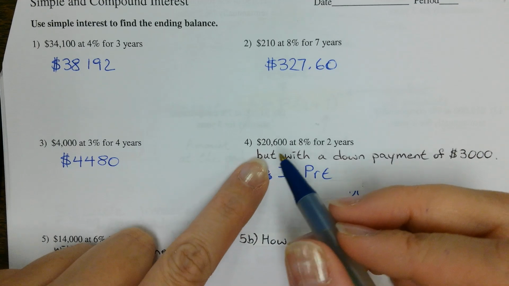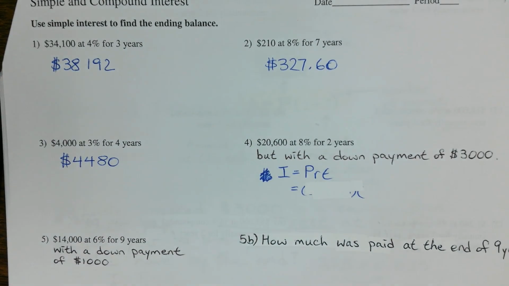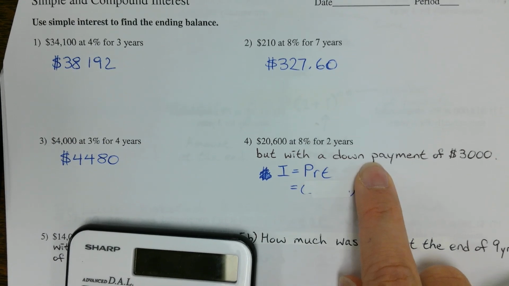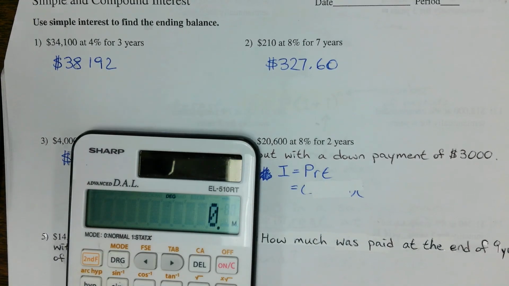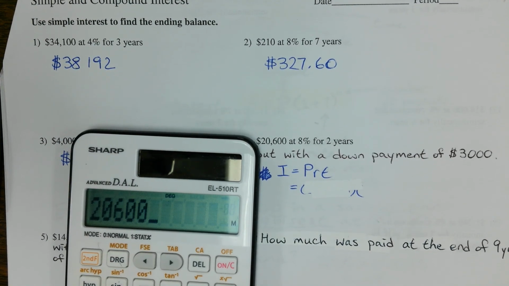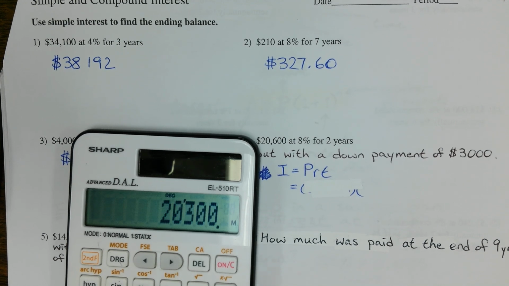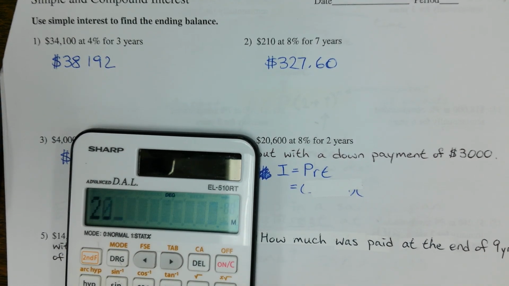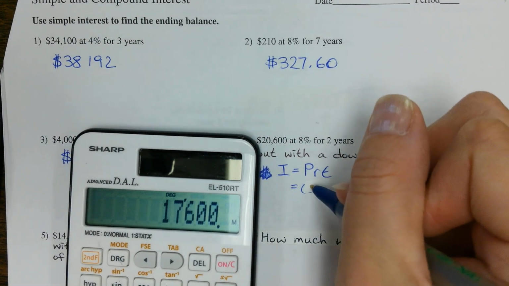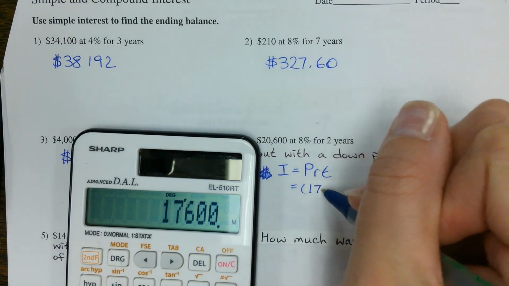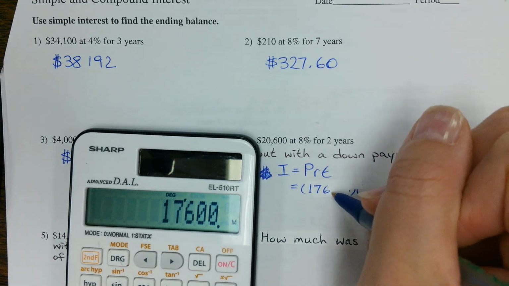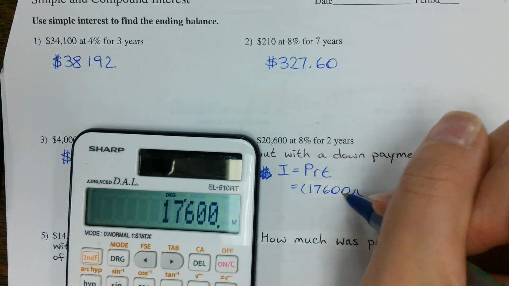Okay, so 20,600. That was how much that car was worth. But you put a down payment of 3,000 on it. So 20,600 minus 3,000. That means your principal that you are paying interest on is only 17,600.